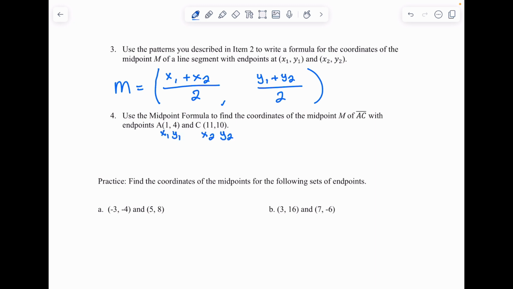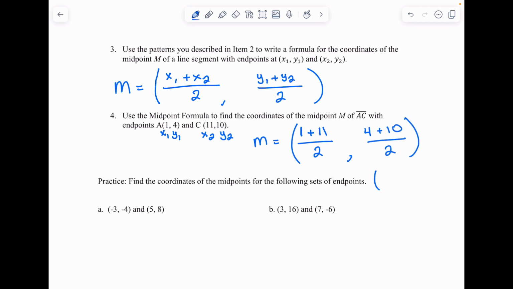So x1 and y1 stick together, and x2 and y2 stick together. And I'm going to plug in these values into my midpoint formula. So I have to add x1 plus x2. x1 is 1 plus x2 is 11, and divide by 2. Then I'm going to add y1 and y2 together. y1 is 4 and y2 is 10, and divide by 2.